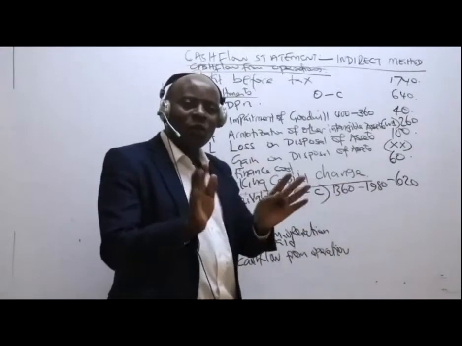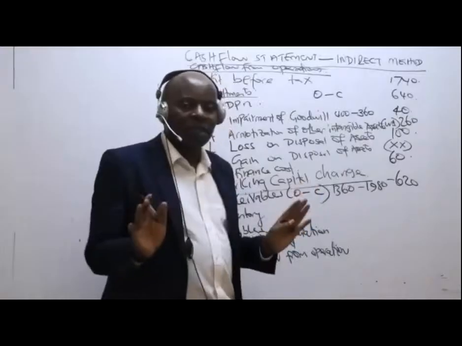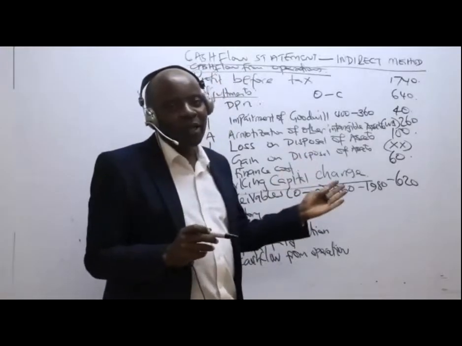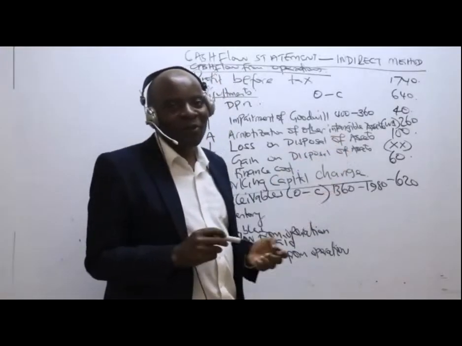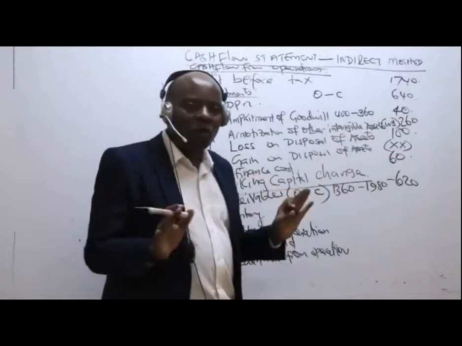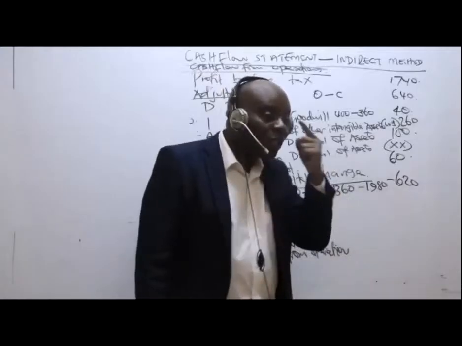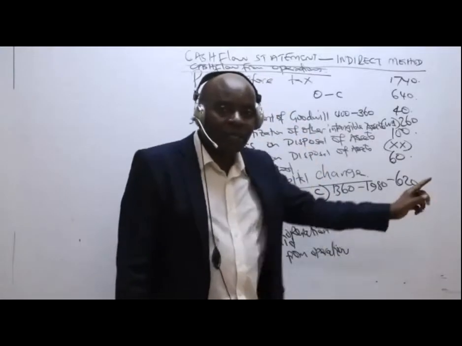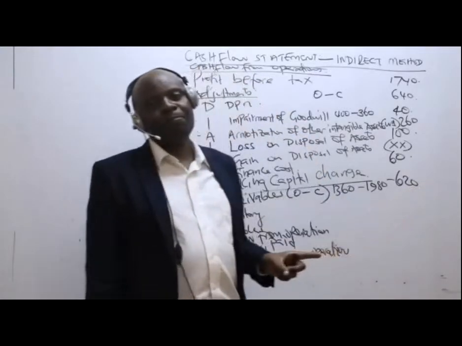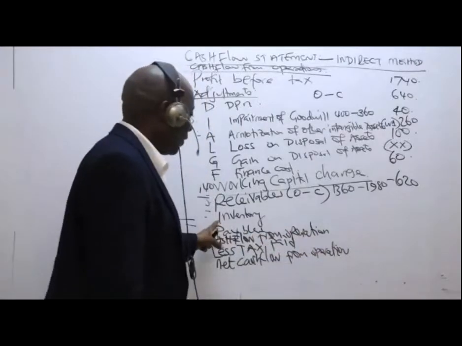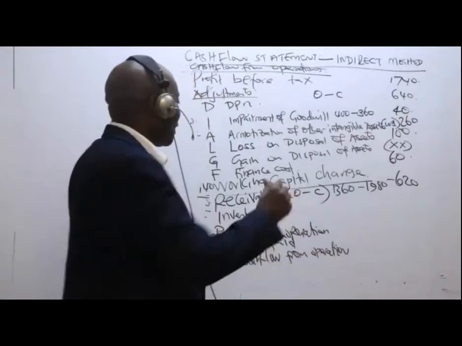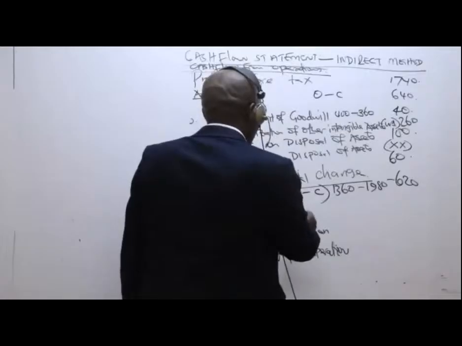Don't argue whether it's an increase or a decrease. Nobody will give you an extra mark for writing decrease. You just take opening minus closing. If the answer is negative, simply write negative 620. Go to inventory. Again, it is O minus C.